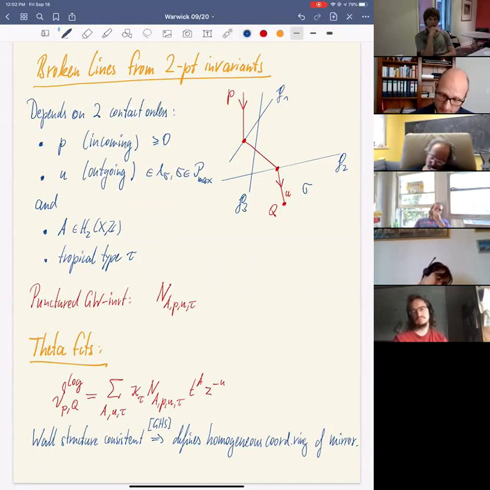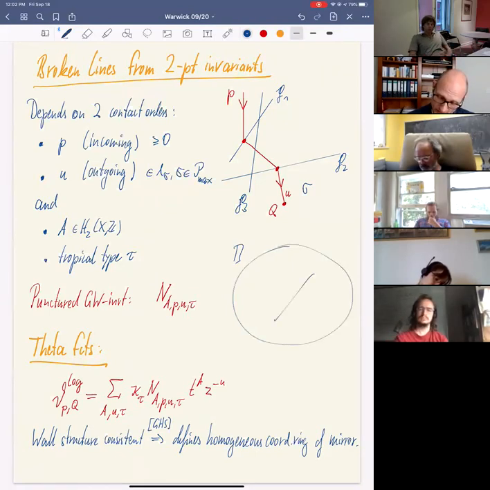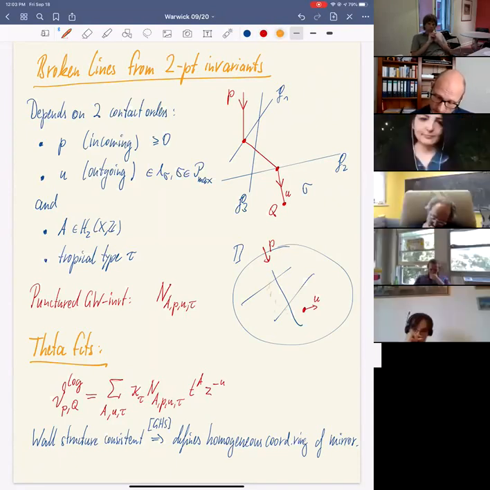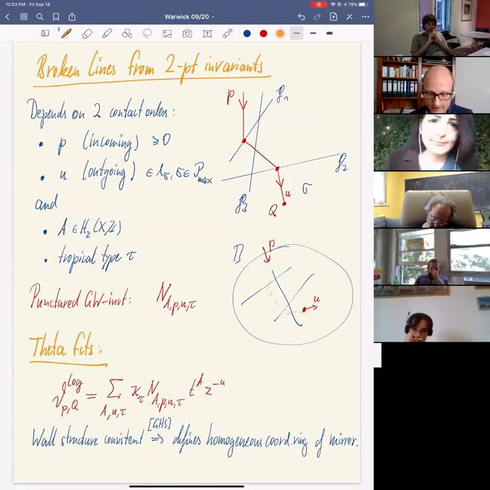Yeah, let me draw another picture. So if B is like this, and you have all your walls, so what we have done is we have fixed a P coming from infinity, and then some point here with a tangent vector U. Okay, and the broken line will then connect the two in the way I sketched.